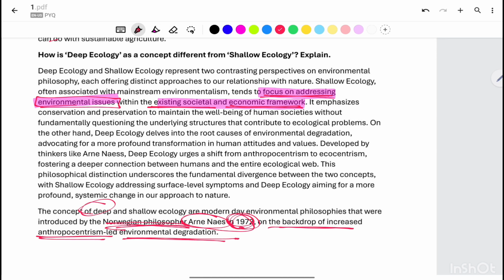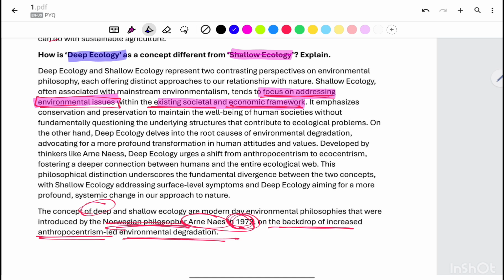This is the shallow ecology and this is the deep ecology, right? So both are contrasting perspectives. This is an environmental philosophy. There is an environmental issue. We are going to face this issue with the existing societal and economic framework, right?